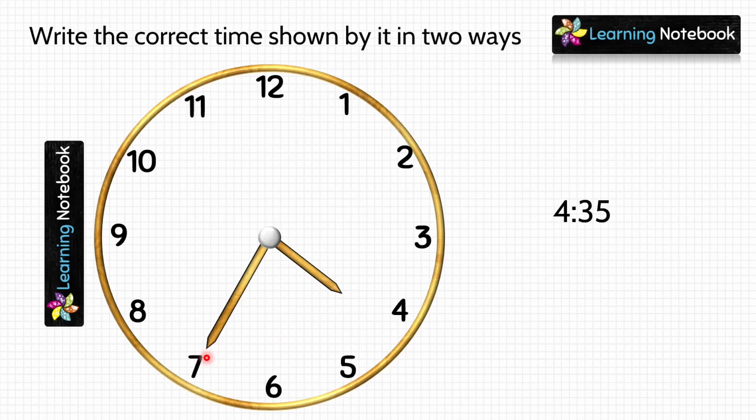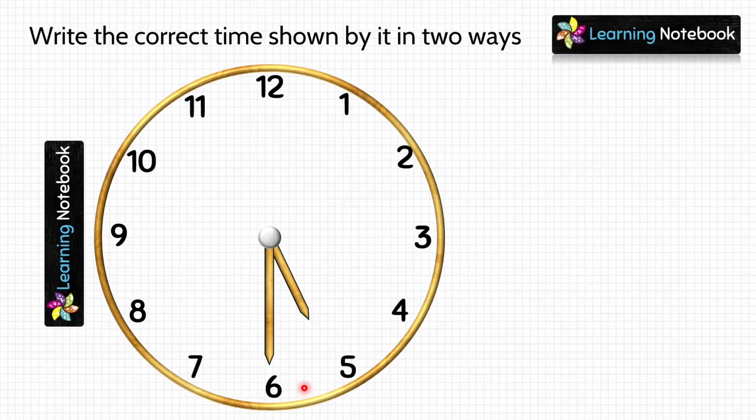So one way to read this time is 4:35. Now, how many minutes are left to the next hour 5? 25 minutes are left. So, we can say time is 25 minutes to 5.